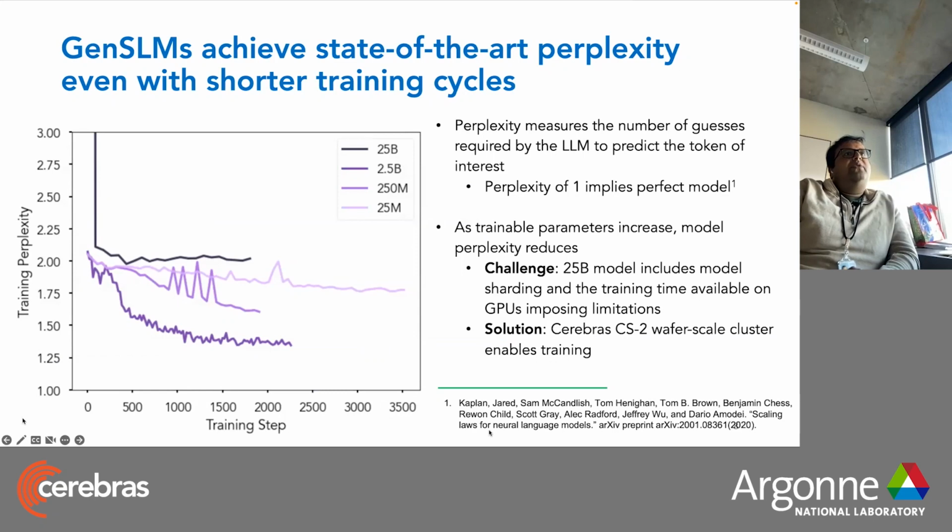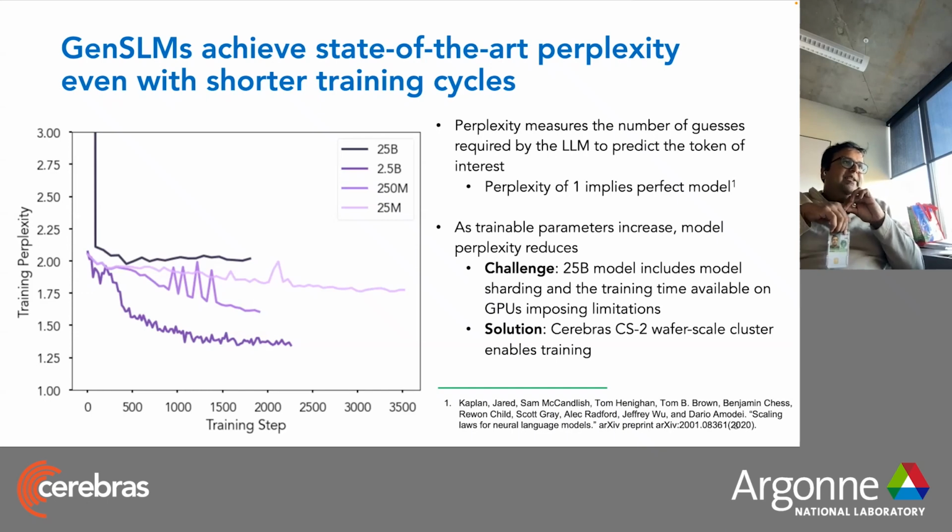When it comes to looking at the quality of the training itself, we looked at aspects such as perplexity. Perplexity is a measure that tells you how many guesses are required by the large language model to predict one token of interest. Basically, if you mask a token and ask it for the prediction, does it do it really well? A perplexity of 1 usually implies a perfect model.